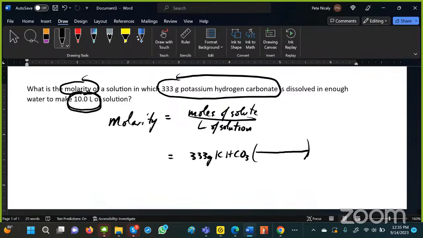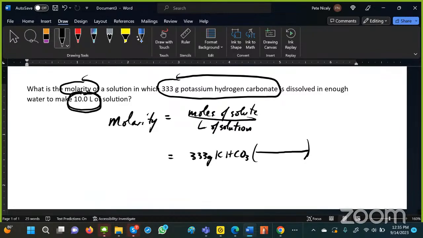What would be up here as the numerator, and what would be down here as a denominator? You have to find the molar mass of potassium hydrogen carbonate.